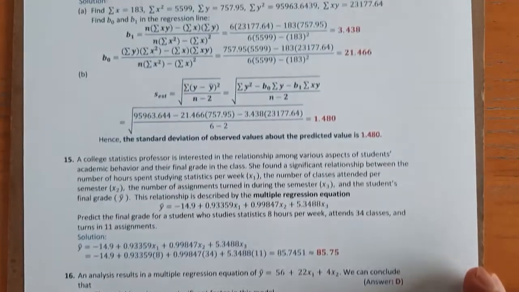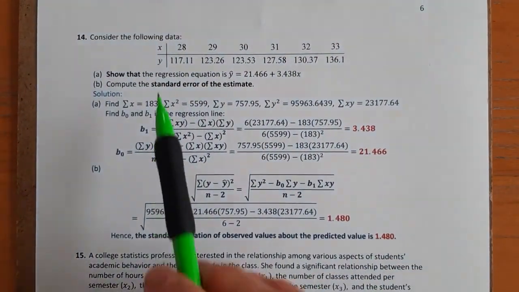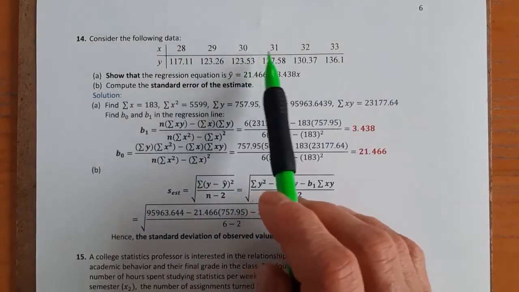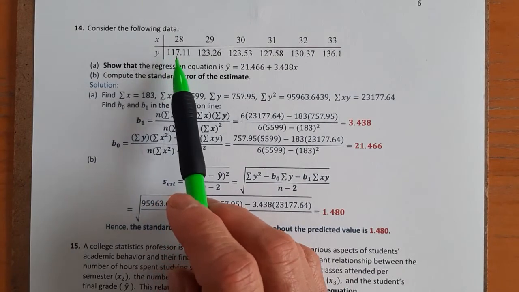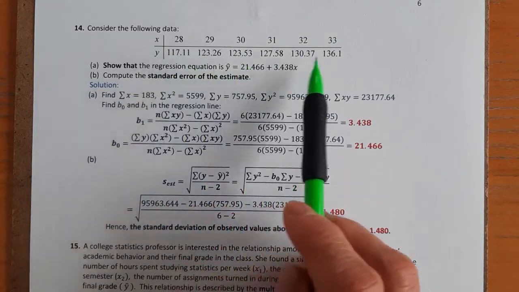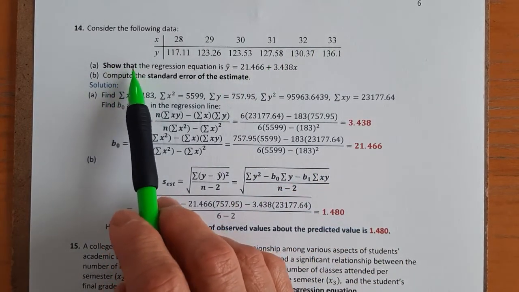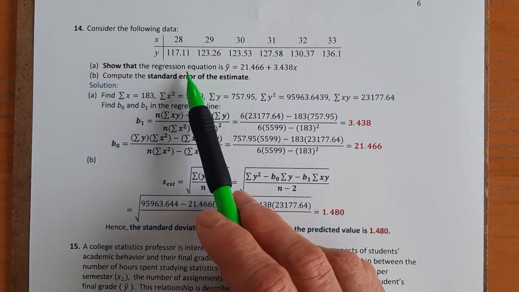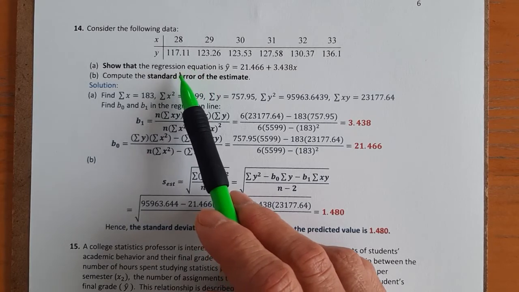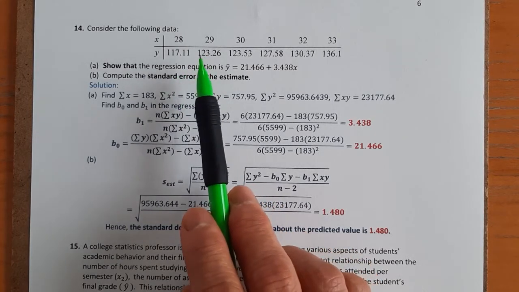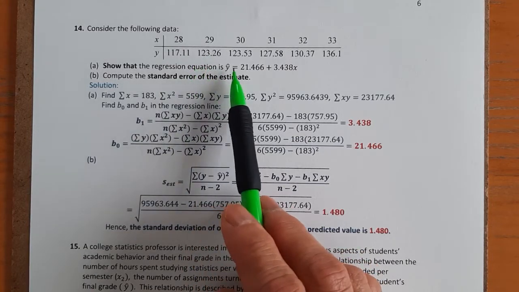Question 14. Consider the following data. x is 28, 29, 30, 31, 32, 33, and the corresponding y values are given. Given this data, we want to prove the regression equation, the linear regression line, also called the least squares regression line, y hat.